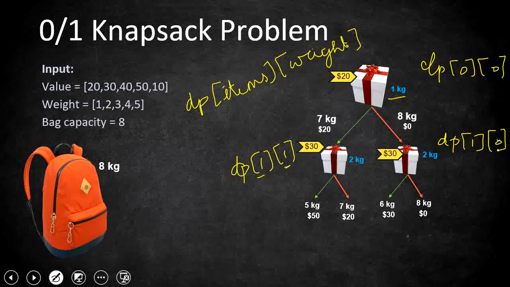So further the next stage is going to be dp of 2, 3 as we have accepted two items and of 3 kg, because the first item is 1 kg and the second item is 2 kg. The same way here it's going to represent dp of 2, 0 because we have considered two items but we did not accept any item, so the weight still is going to be 0.